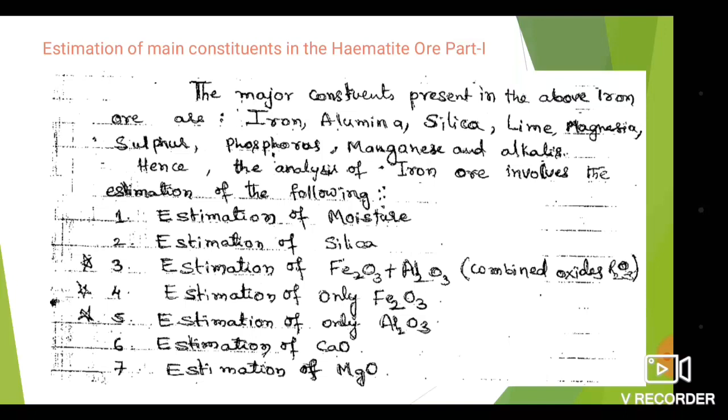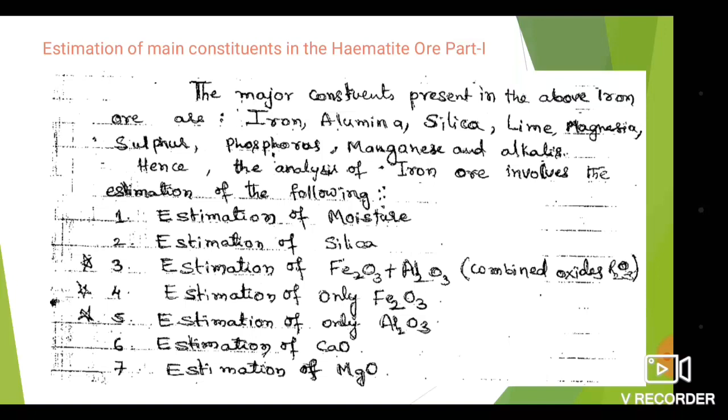The hematite ore is the major ore of iron, so the major constituent in this is iron. Along with iron we have alumina, silica, lime, magnesia, sulfur, phosphorus, manganese, and alkalis.